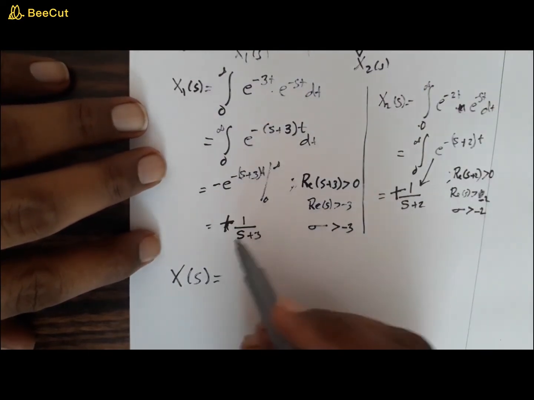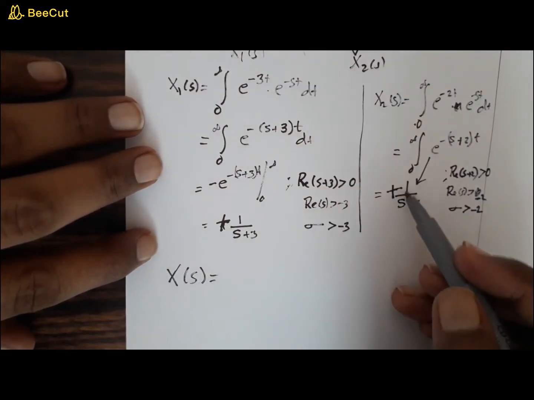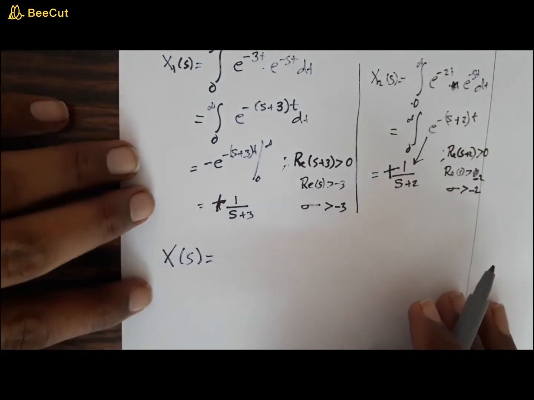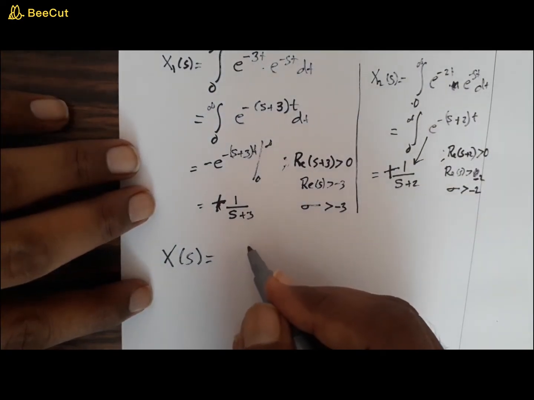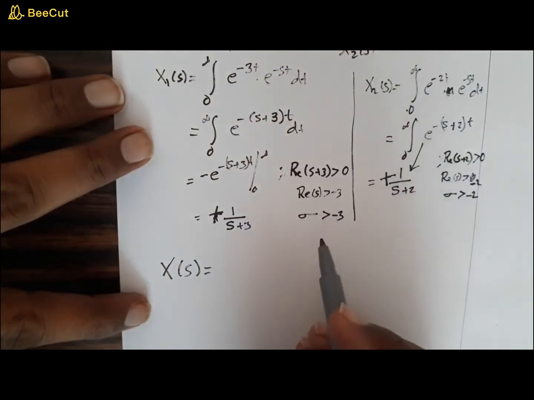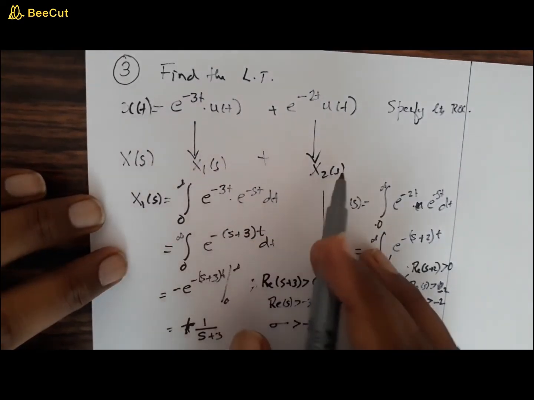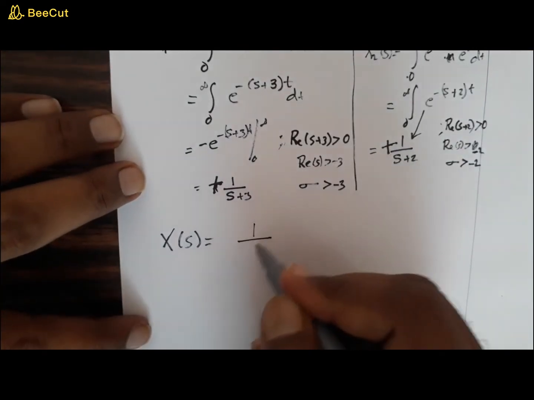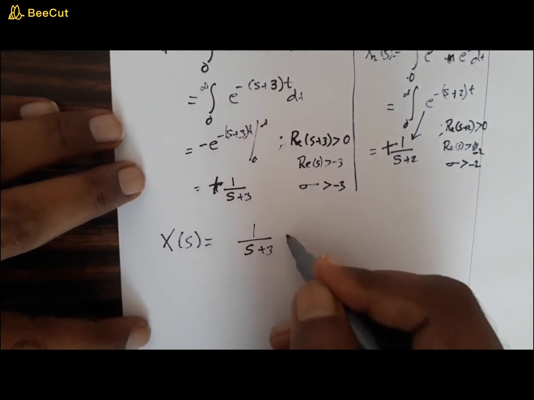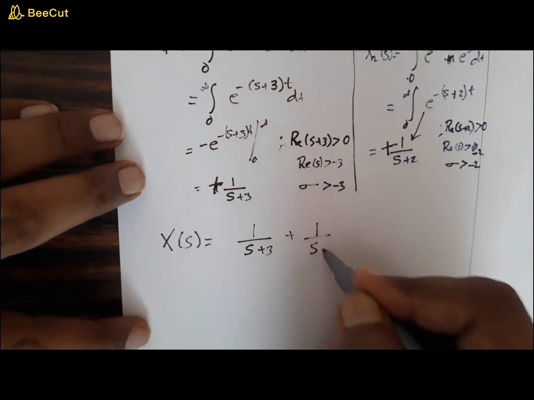This is 1 by s plus 3, and here also you have 1 by s plus 2. So from the linearity property, which is x1 of s plus x2 of s, you can straight away write 1 by s plus 3 plus 1 by s plus 2.